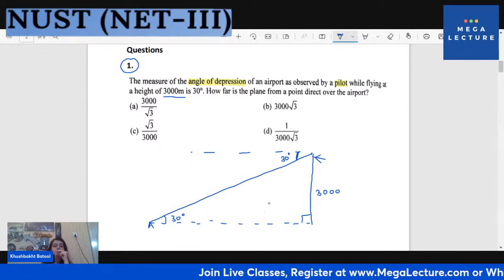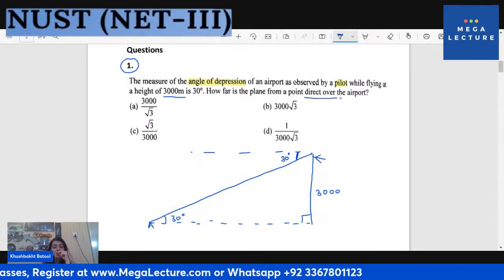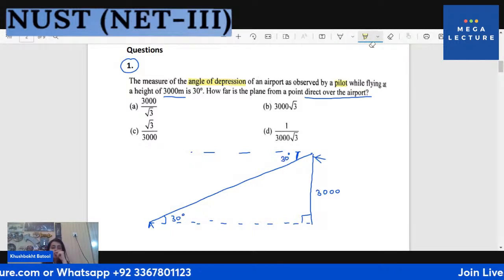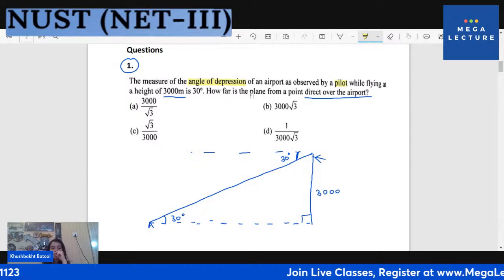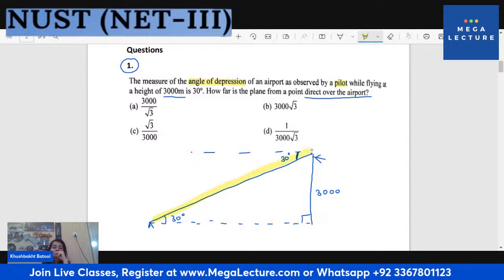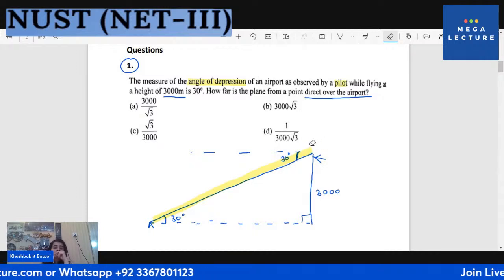What do you need to find? How far is the plane from a point directly over the airport? Now, this question is easy. The only problem is that when students read this line, they think they are supposed to find this distance, which is not right. Let me get rid of this now.